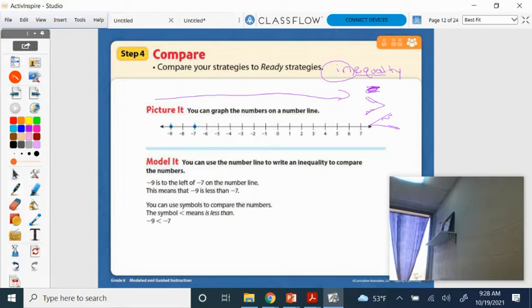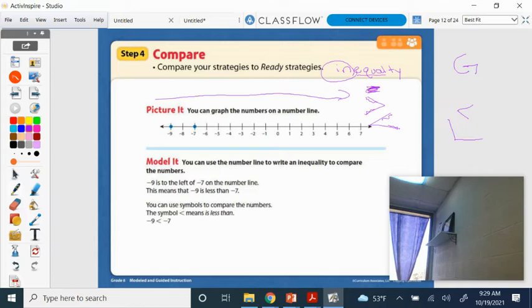Another thing that I talked about is that if you take the less than symbol and set it up flat, what letter does that form? An L. So the less than, when you take it and turn it, makes an L. The greater than, if you take it and turn it, makes this, which is part of the G. That might be a way that you remember which one's greater than and which one's less than as well.